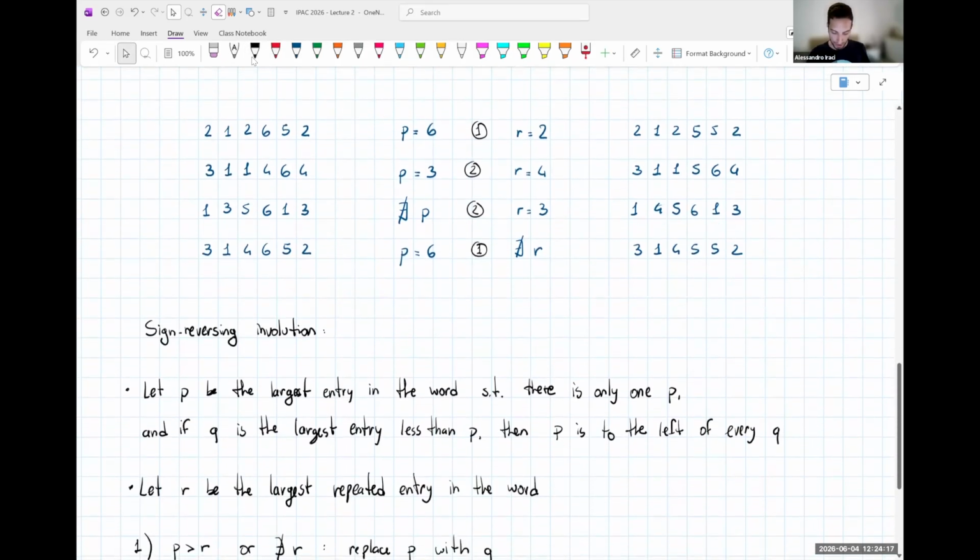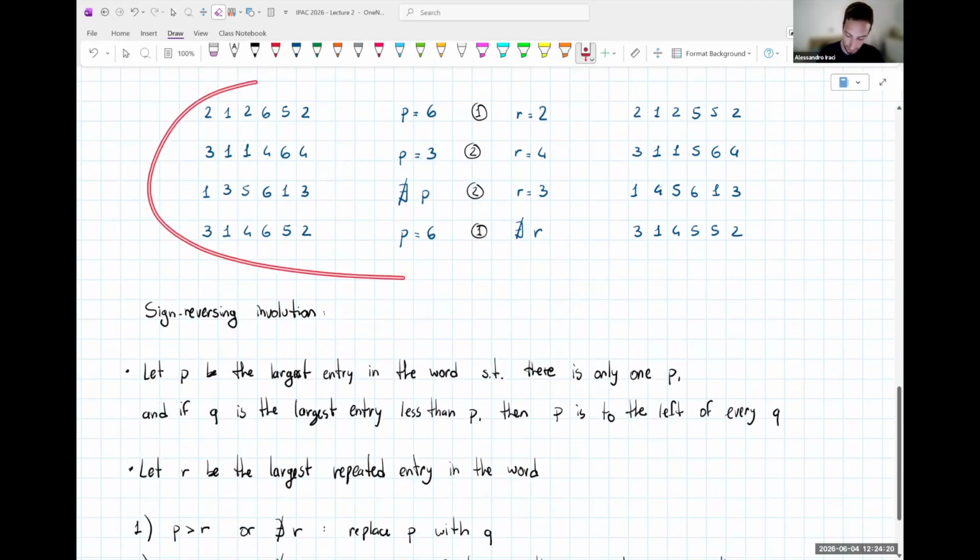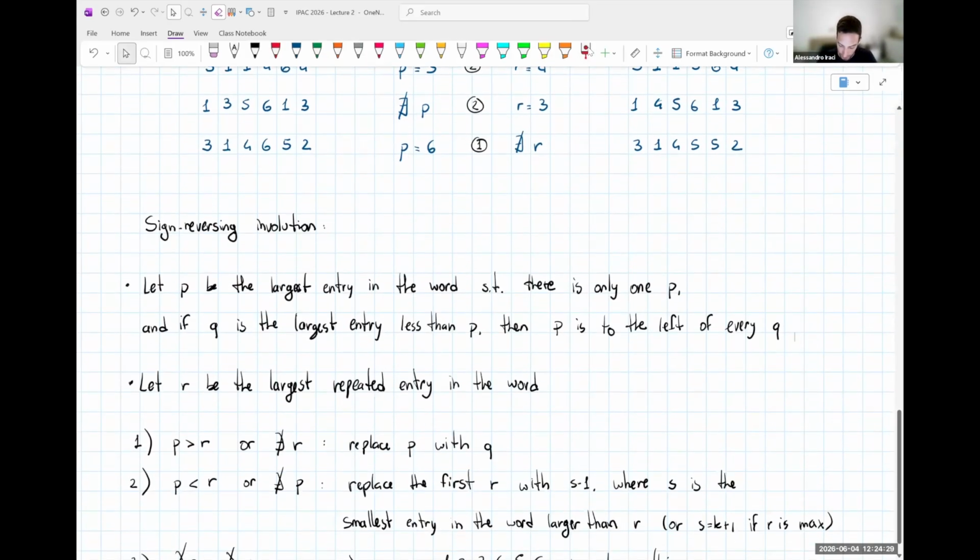Okay. So I think this map here is an involution. It is sign reversing. To see that sign reversing is very easy actually, because basically here we're replacing one letter, of which we have just one instance, with something that was already in the word. So we are changing the number of distinct entries. Remember, the sign is given by the number of missing entries.